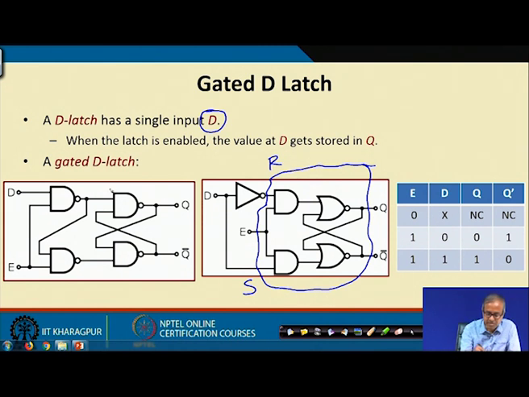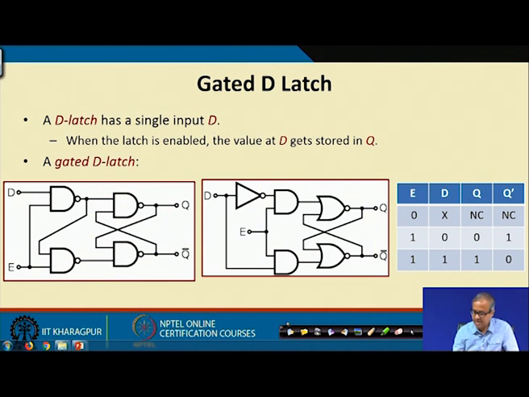Well, if you start with a NAND based design, then your design can be like this. You can save one inverter here, meaning one gate less is required. D and enable, and the output of this, when enable is 1, D will become D bar, this D bar can be fed here and you can directly connect here. So, these are two alternate designs of a D latch.